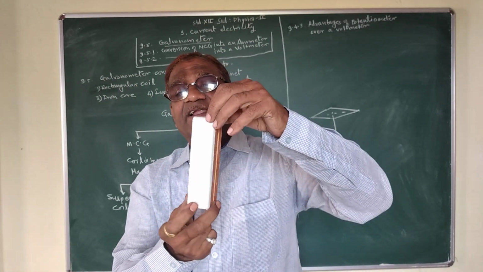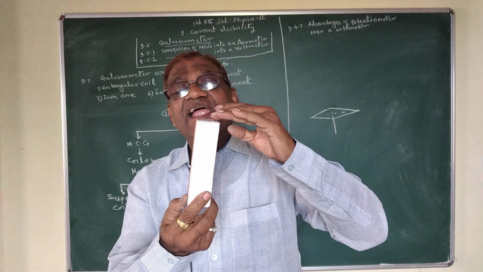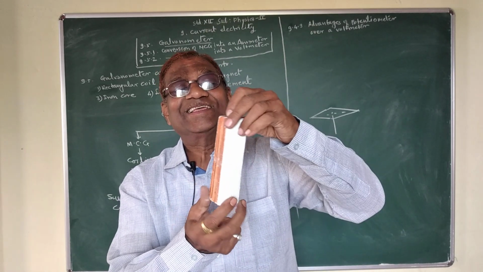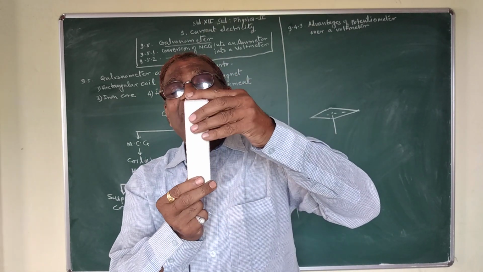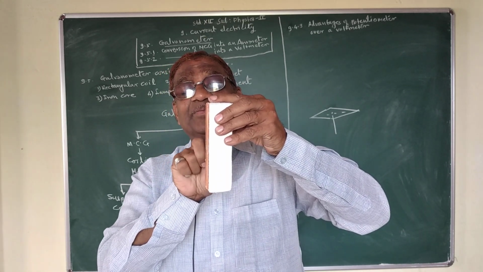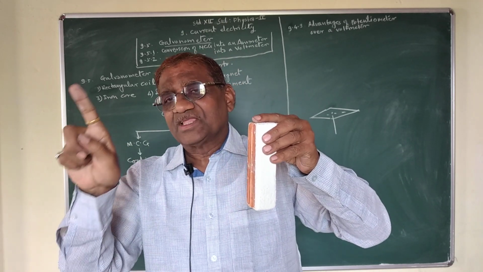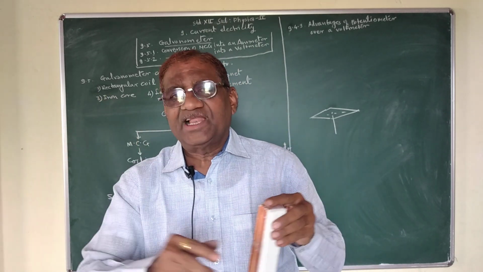This torque tends to rotate the coil about its axis of suspension, adjusting the plane such that the magnetic flux passing through the coil is maximum. This is the principle of moving coil galvanometer.